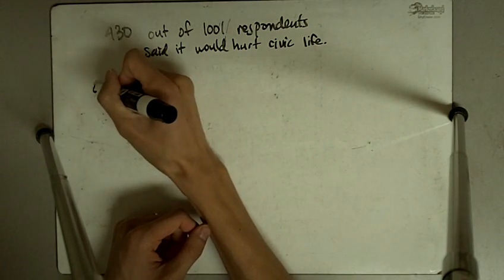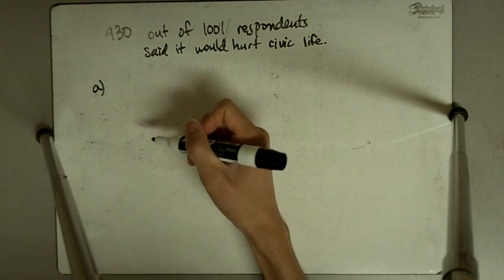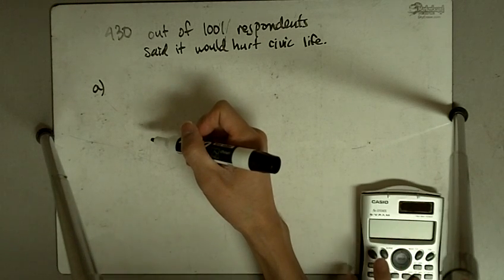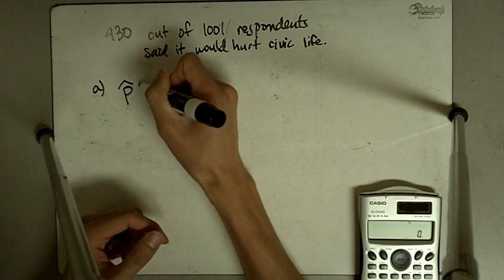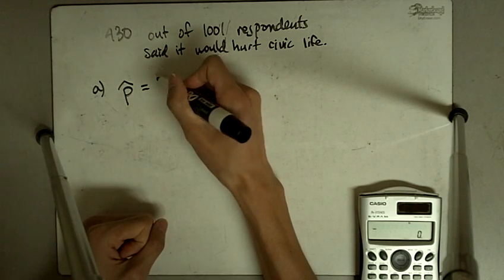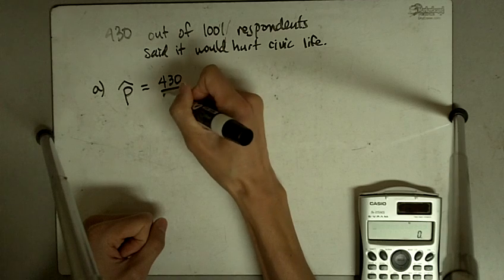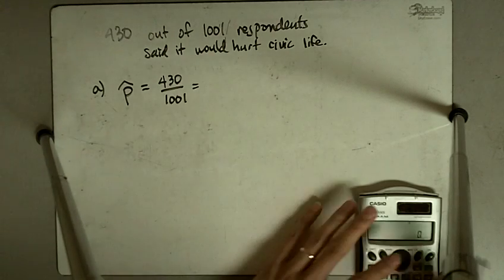Okay, so A says find the proportion of respondents who said that closing local papers would hurt civic life a lot. In our case, this is just the proportion in our sample. So this is going to be 430 divided by 1,001.